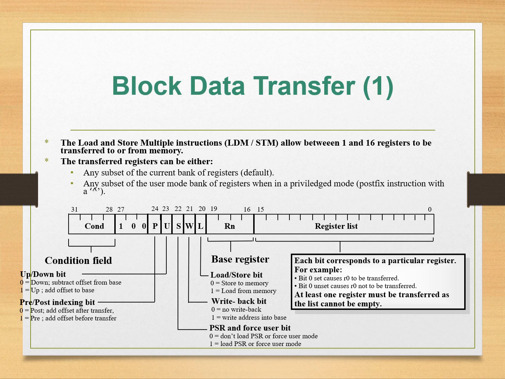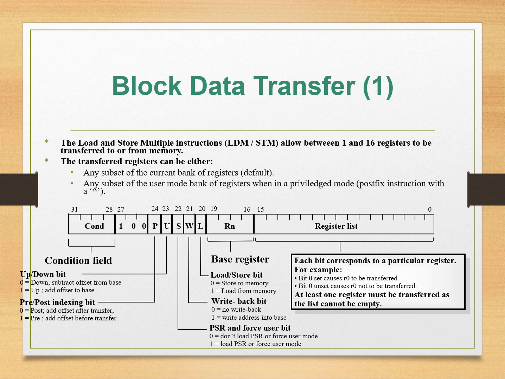Or any subset of the user mode bank of the register when it is in a privileged mode. Okay, if you look, this is the format. As usual we have the condition. Either it will subtract the offset by one for each transfer, either it is down or up.